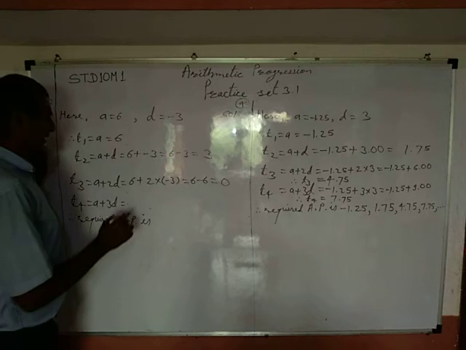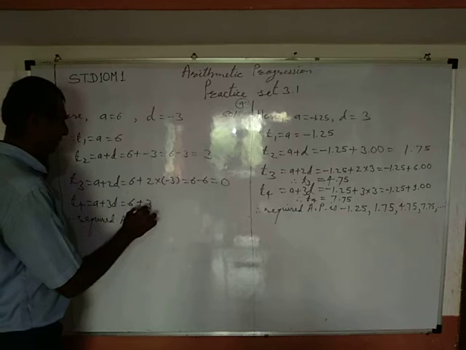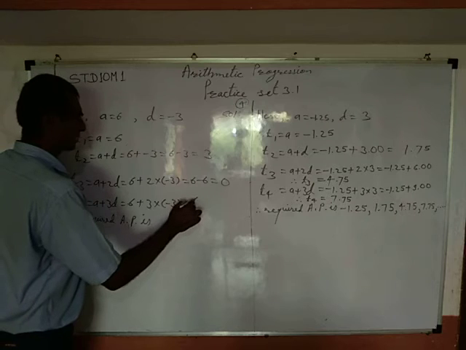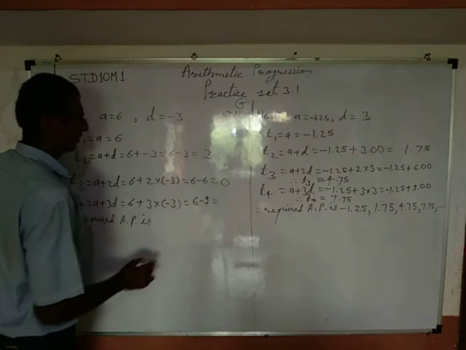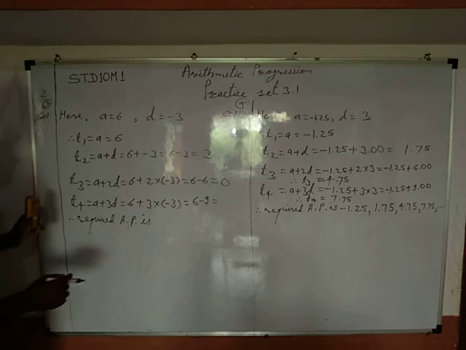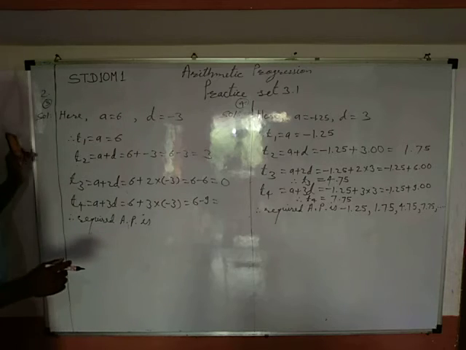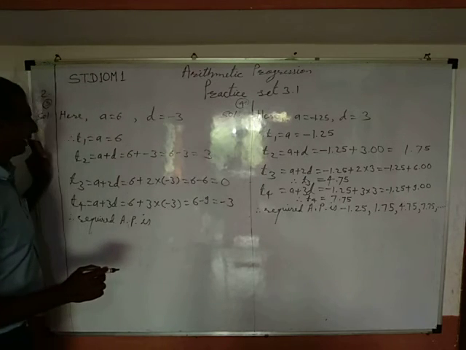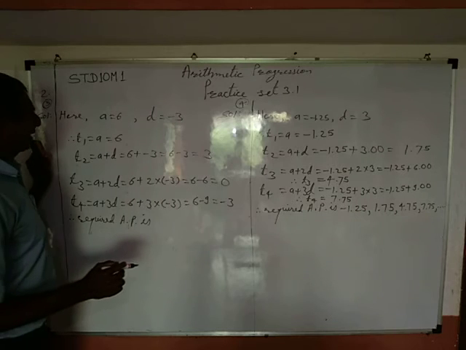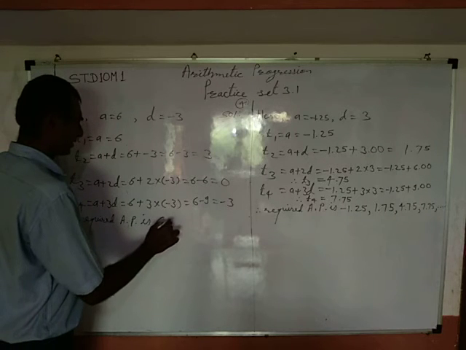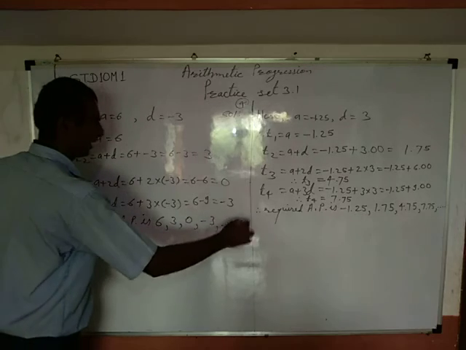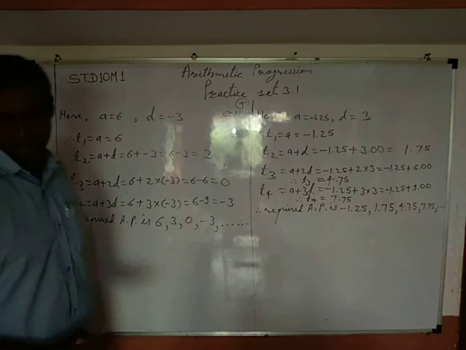T4 equals A plus 3D equals 6 plus 3 into minus 3 equals 6 minus 9 equals minus 3, and therefore the required AP is 6, 3, 0, -3 and so on.